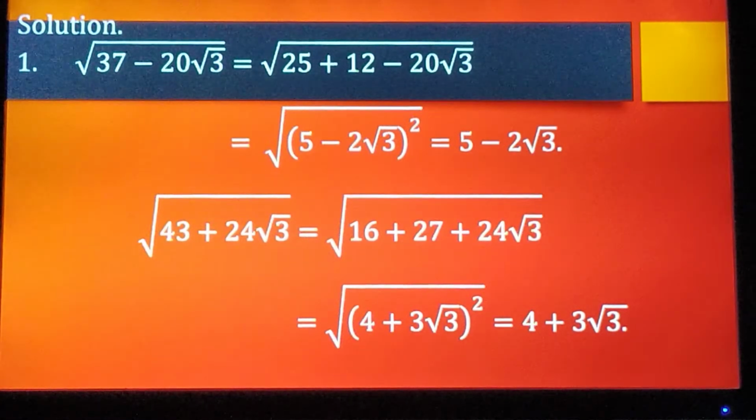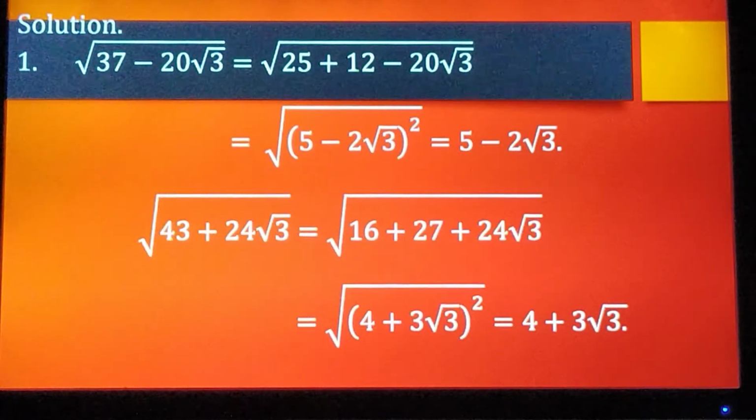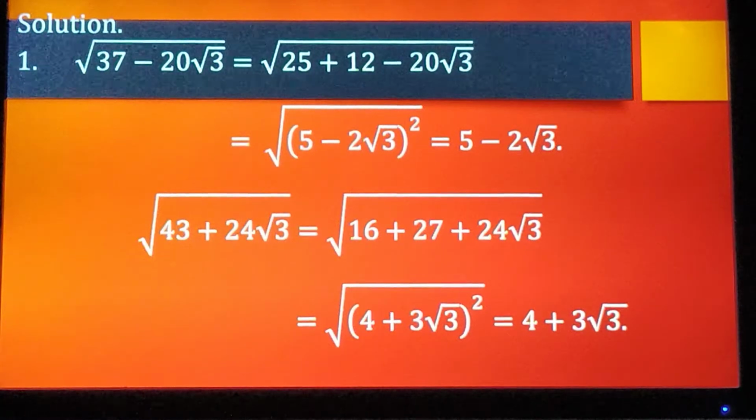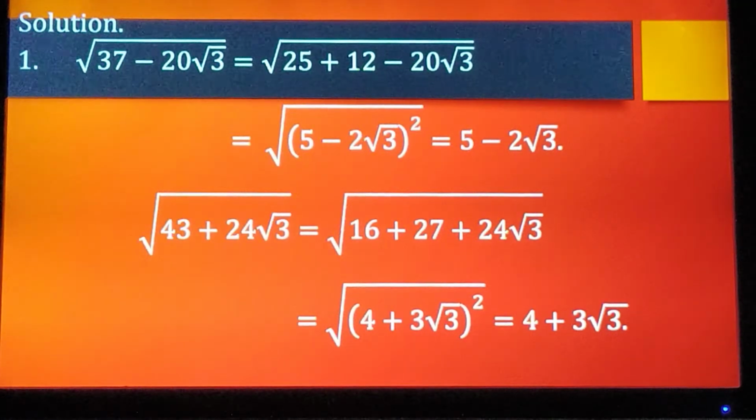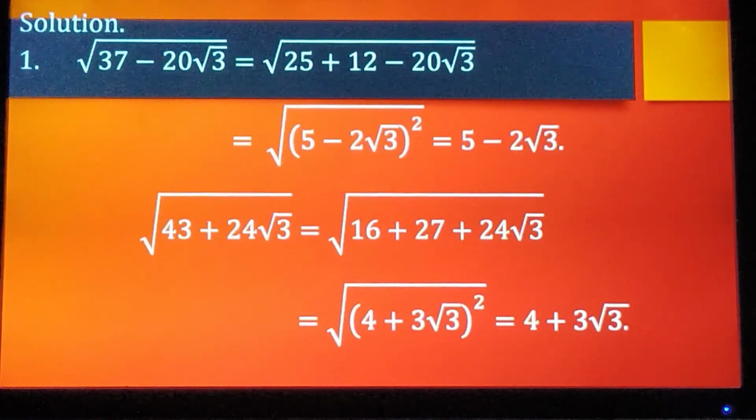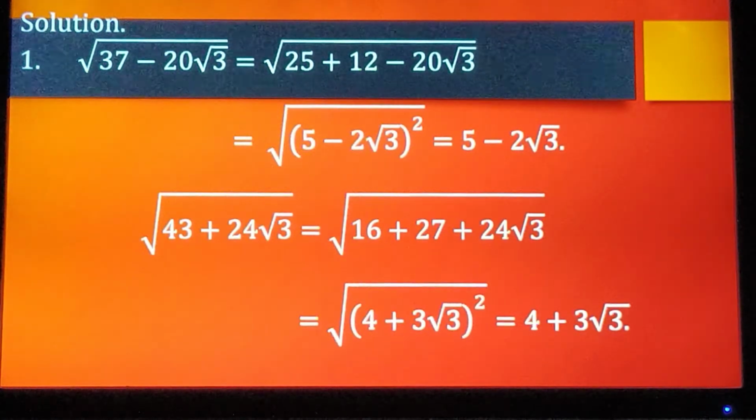And the second number, 43 plus 24 times the square root of 3. So again, think of the perfect squares smaller than 43. Among these, we have 16. And then notice that 27 is 9 times 3, and 9 is a perfect square. So this is the correct choice for splitting 43. We have 16 plus 27 plus 24 square root of 3.